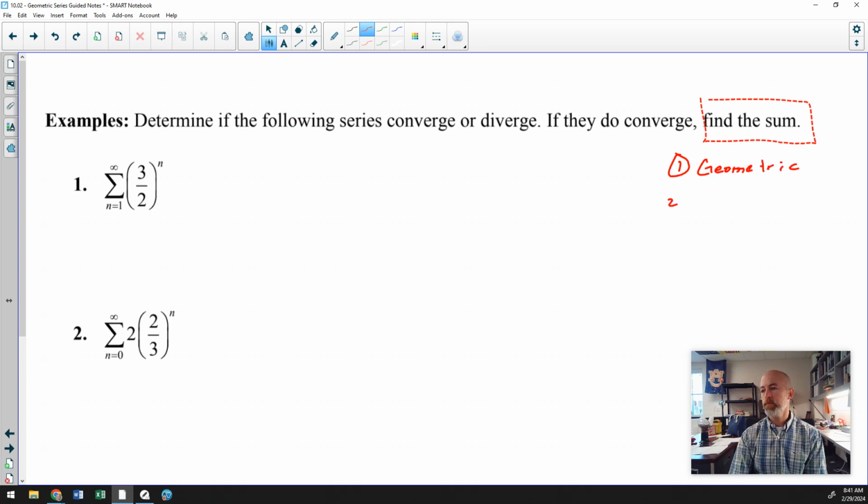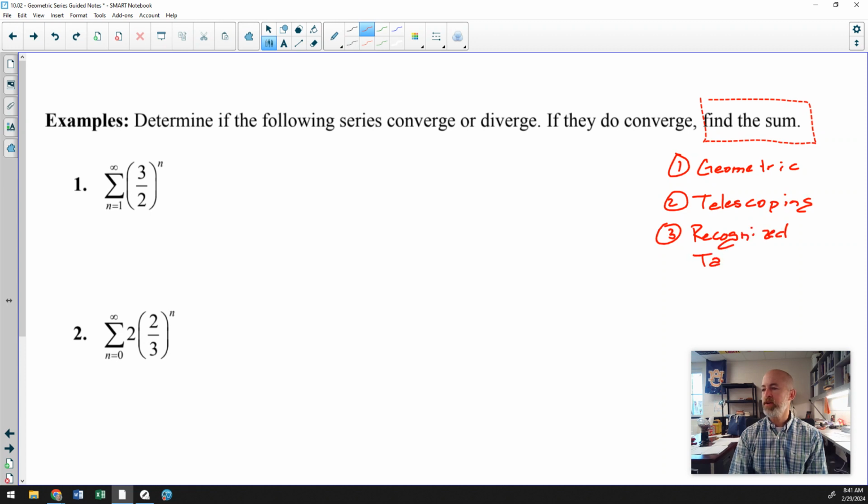Two is a telescoping series, which you don't know what that is yet. And three is a recognized Taylor series, which you also don't know what that is yet.